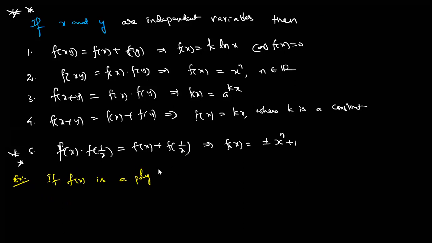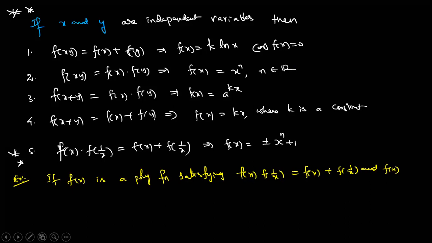If f of x is a polynomial function satisfying f of x into f of 1 by x is equal to f of x plus f of 1 by x, and f of 4 is equal to 65, find f of x, and f of 3, or f of 7 or 6, like that you can ask.